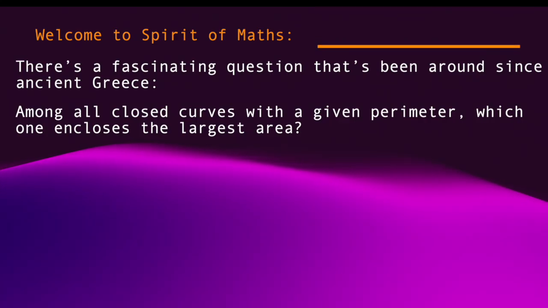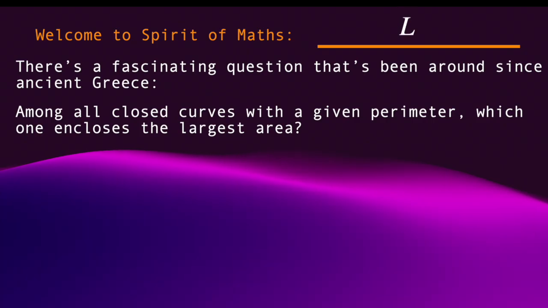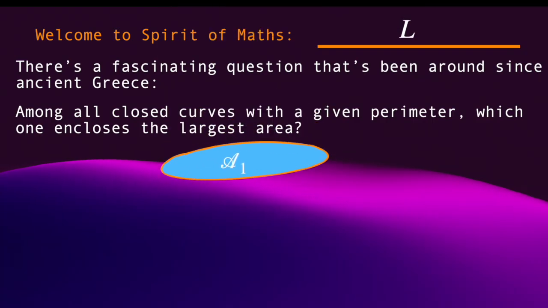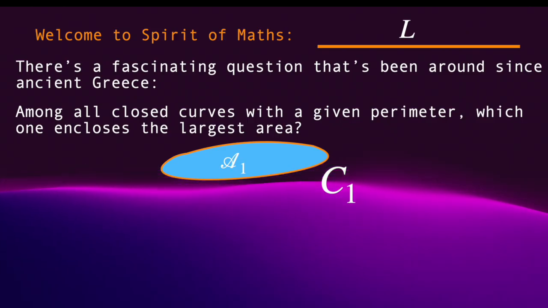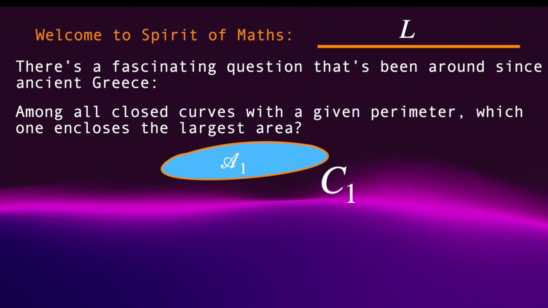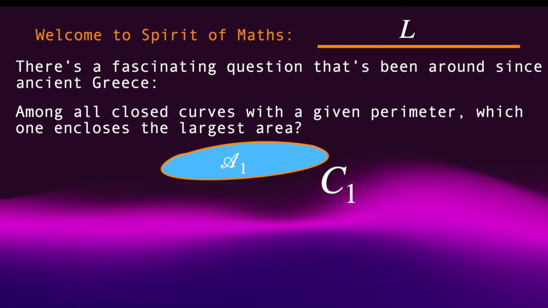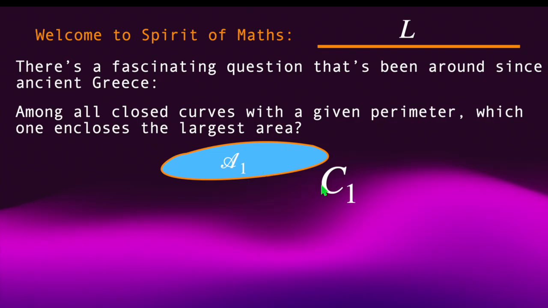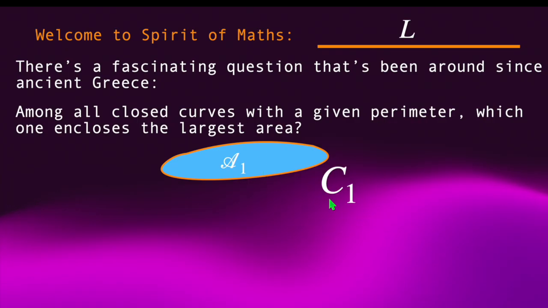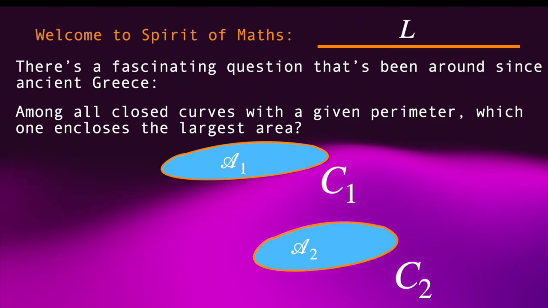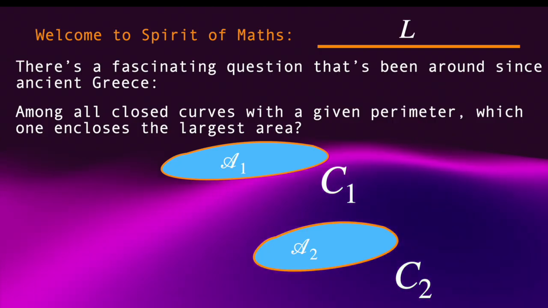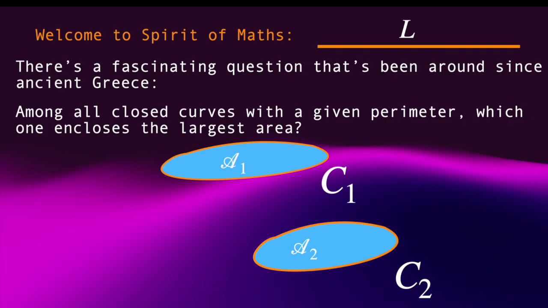If you take a rope of length L and you start making closed curves with this rope, you get for any such curve an area enclosed in this curve. And you can see easily that depending on the form you give to this closed curve, the area can become larger or smaller.